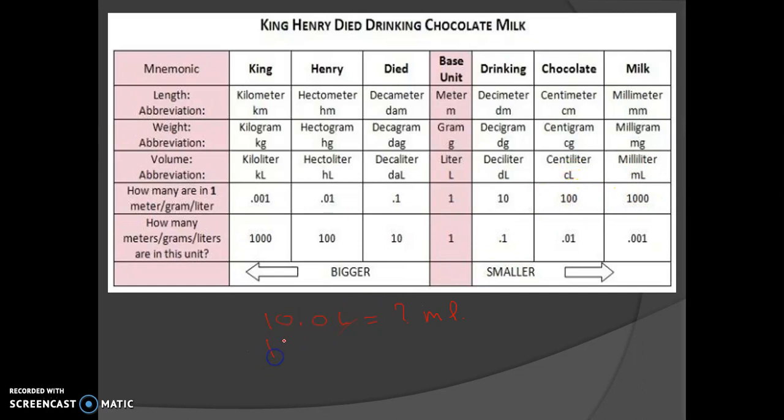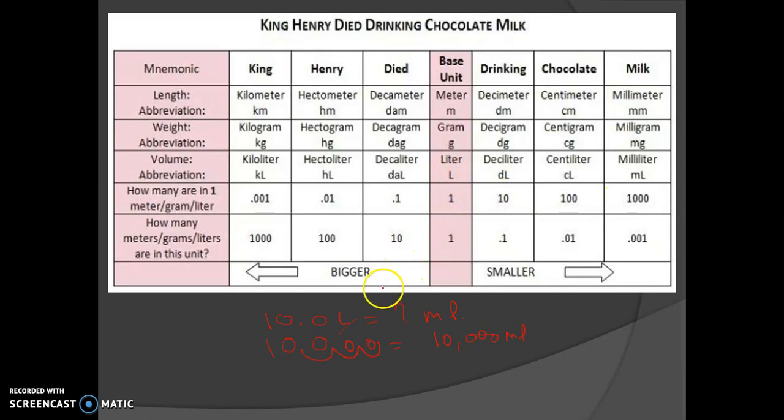You fill in the space like that. So it's going to be 10,000 milliliters. So the key is, however many places you move to convert that unit to another one, you move the decimal that many places.